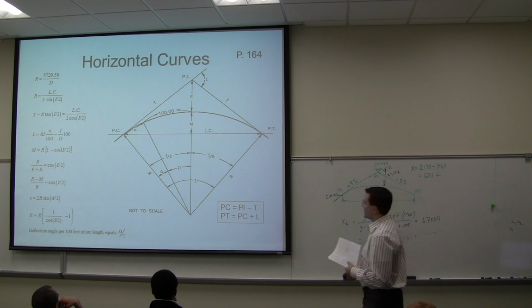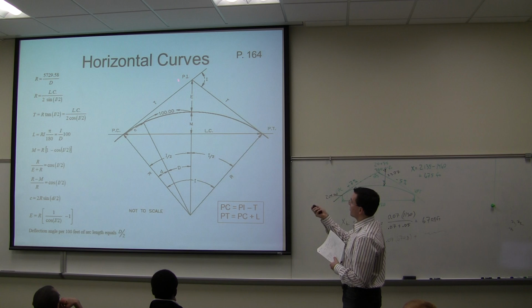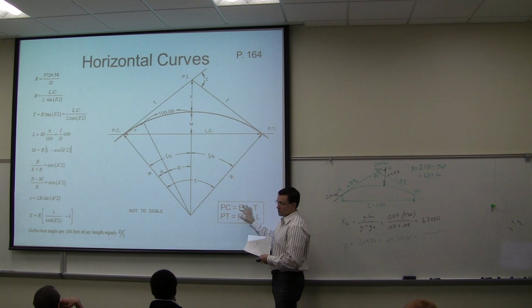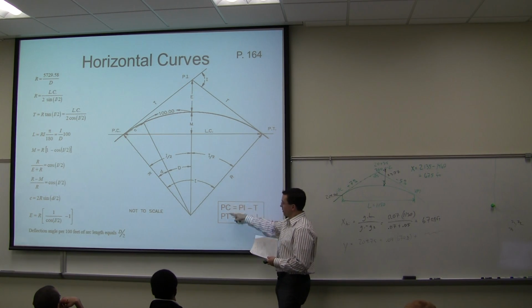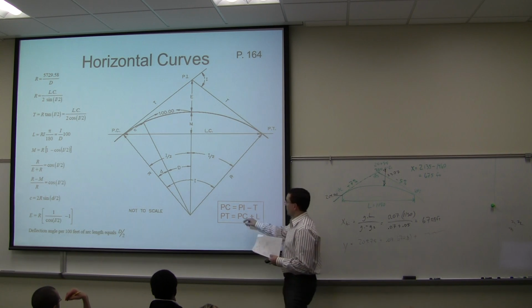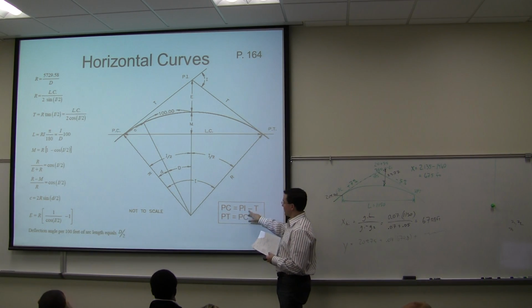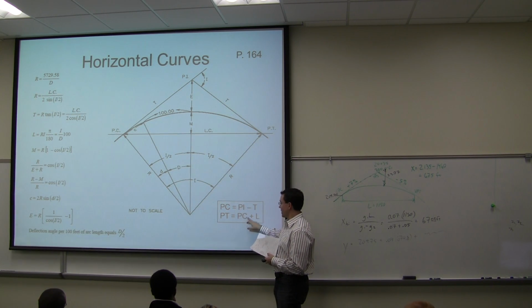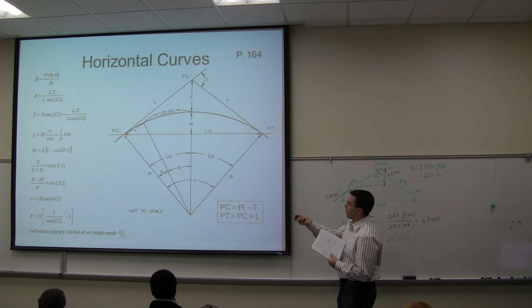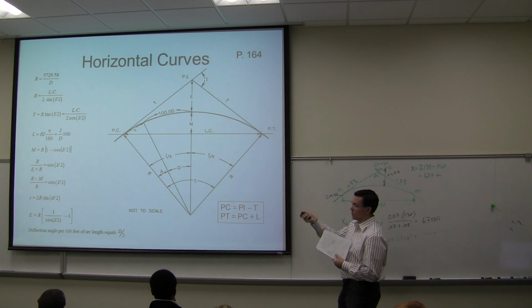If you're calculating stations, we always start at the PI, and to get the PC station, we just subtract that tangent distance. You're not going to get this, but you need to remember this for the test. To get the PC station, we take PI minus T. Then to get the PT station, we take the PC and add the curve length along the center line.